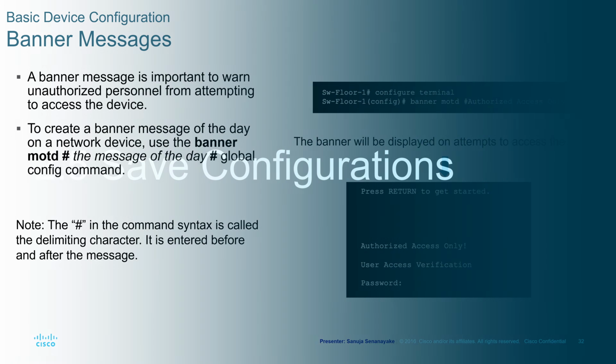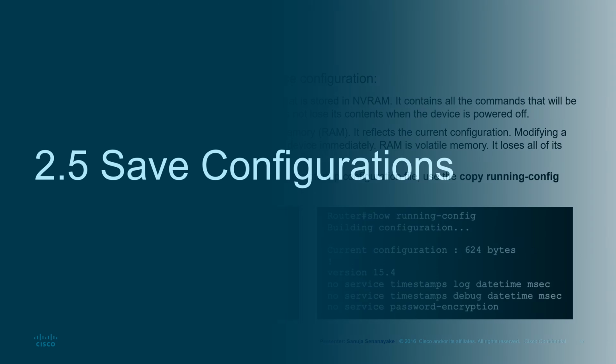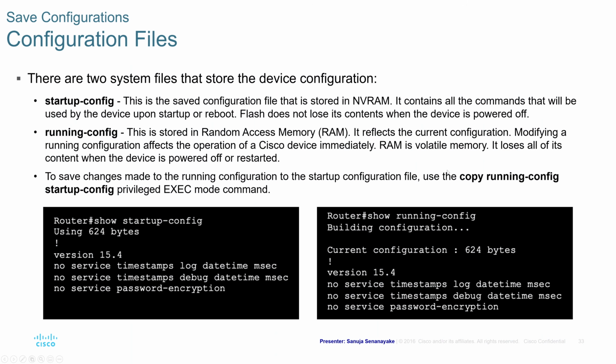Next, we're going to look at how you can save all these configurations you just did on your Packet Tracer or on your Cisco IOS device. The configuration files can be divided into a couple of different categories, and there are two system file categories that store the device configuration.